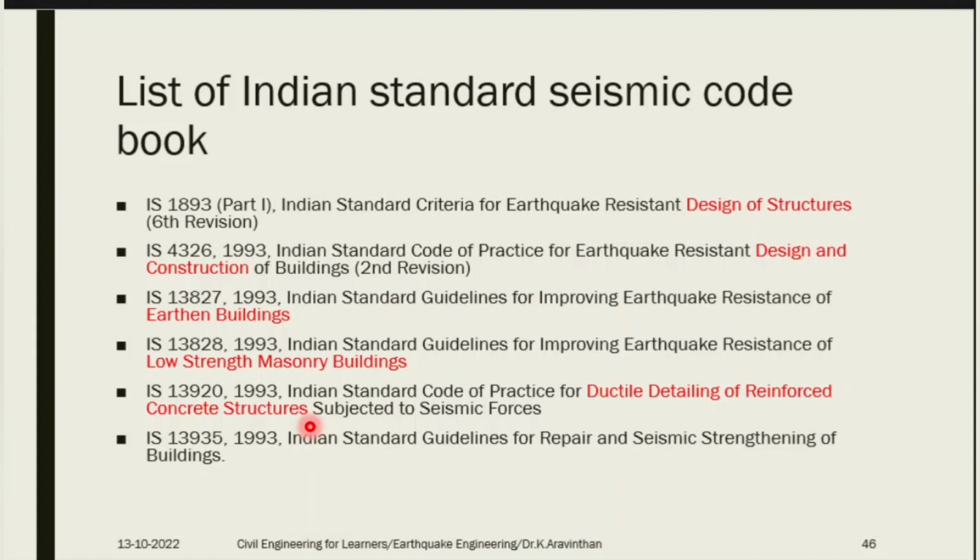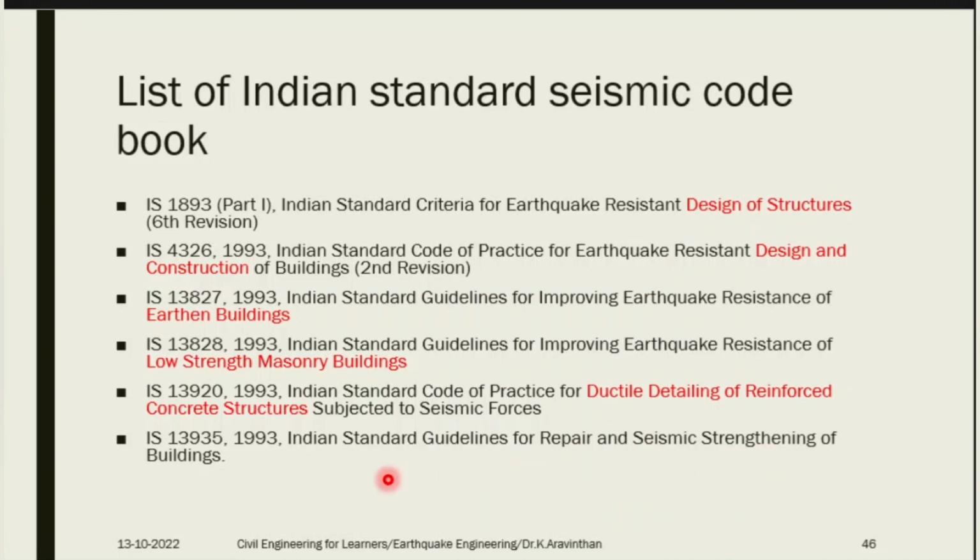Have you heard about shear walls? Shear walls are designed only using this code book. This is for RCC. A shear wall is built only to resist seismic force, and it is covered in IS 13920. The last code book is IS 13935, which is used for repairing and seismic strengthening of buildings.